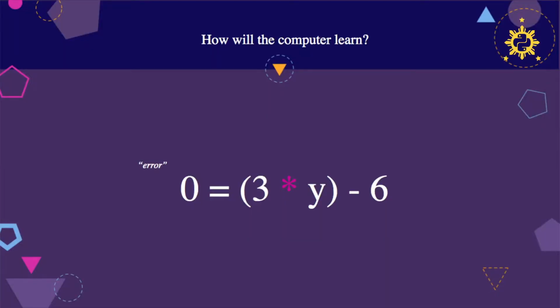So now we are able to solve for the difference in the prediction. How far off is our model, x times y with x being 3, from the result, which is 6? This is what we call the error. And computers are really good at just plugging in values in here and trying to figure out what the y is with the least amount of error.